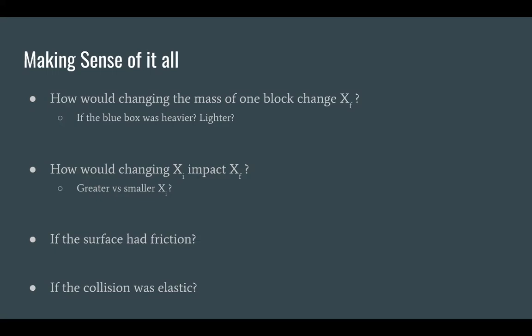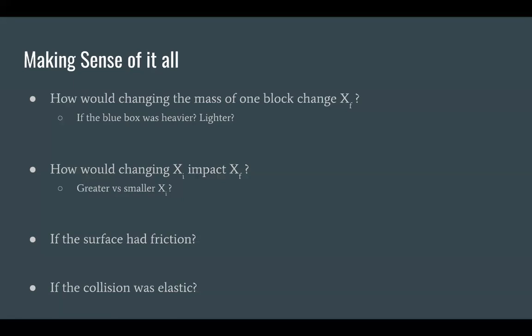And then we thought about if the surface had friction, if it wasn't ideal and there was some sort of force on the blocks that we had not accounted for. So if there was friction, we had the possibility of the blocks not reaching the spring, and for any amount of friction, the x of f would be less than it was if there was no friction.